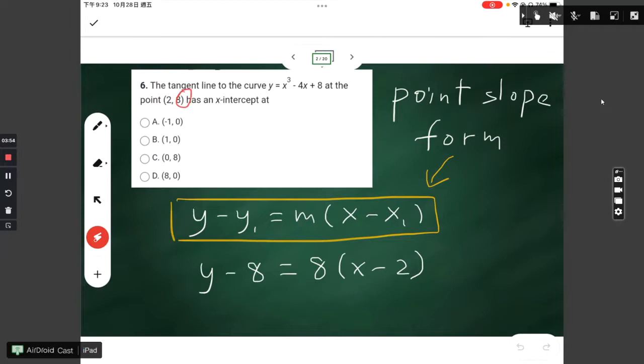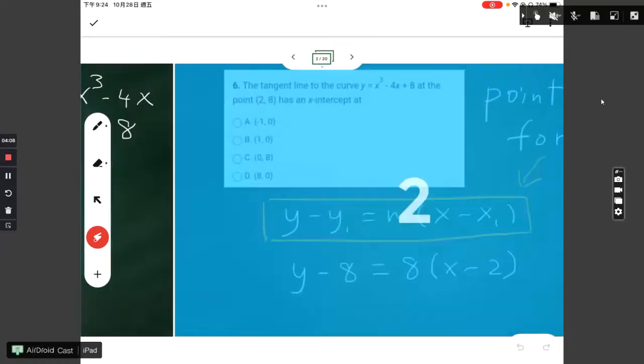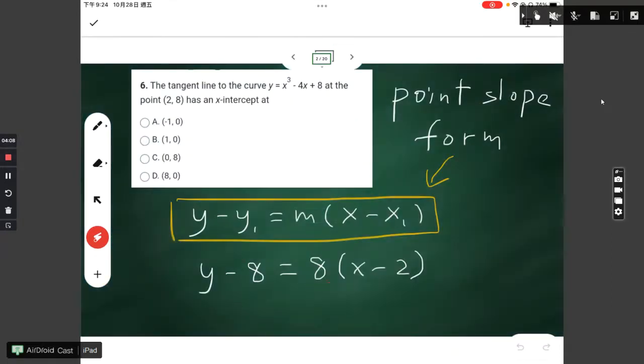And this 8 is the slope, m, that we calculated in the previous step. And x minus x1, where x1 is the x coordinate of the point we're dealing with. So this is the equation of the line after the substitution: y minus 8 equals 8 times x minus 2.